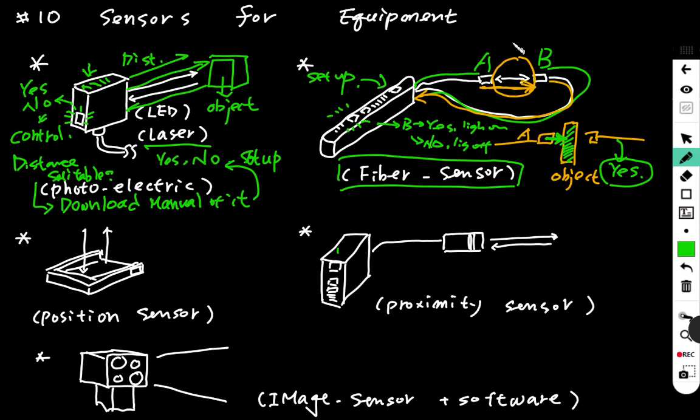So we adjust the distance between A and B, and adjust the sensitivity of the amplifier. This is what we call the amplifier.